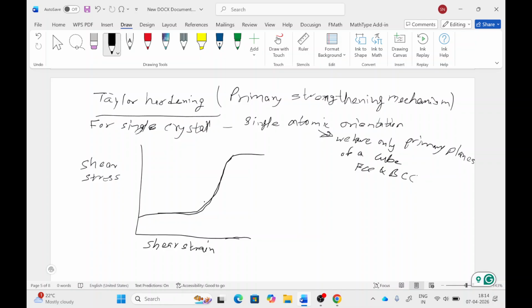Okay, so we can divide this graph into three regions.